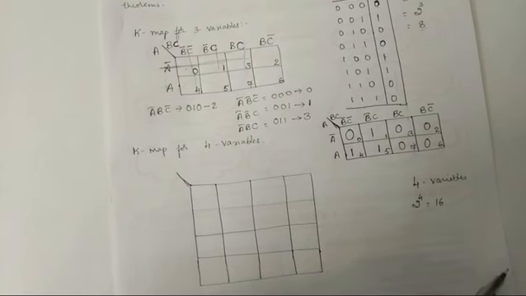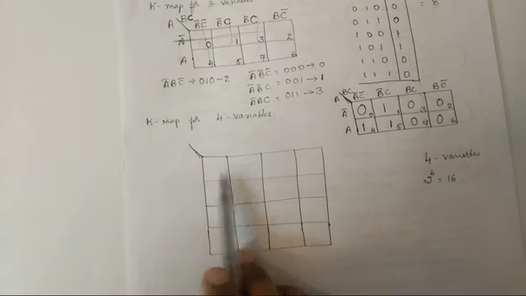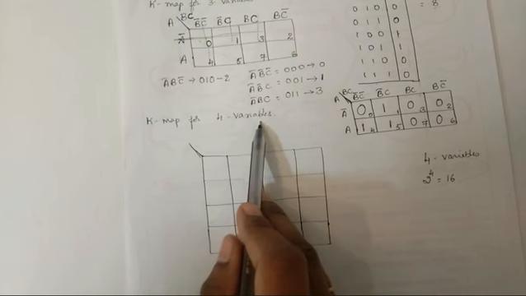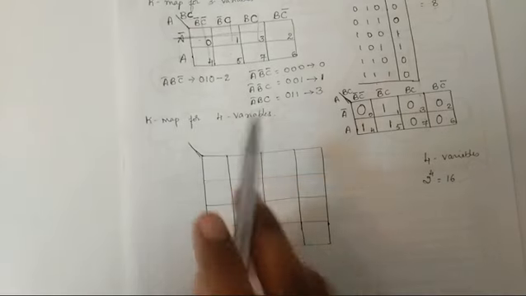Okay, next concept is, first what we are discussing, we are discussing how to number the cells for 3 variables as well as for the 4 variables. For 4 variables, what we have to write? We have to take the 4 variables.